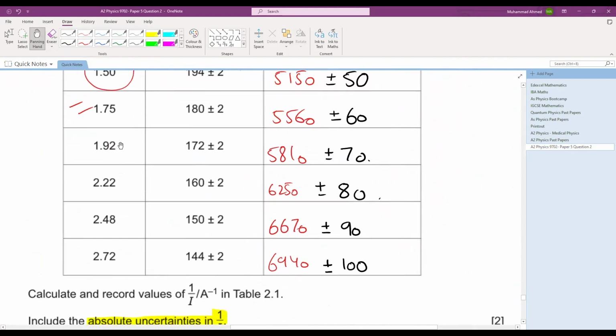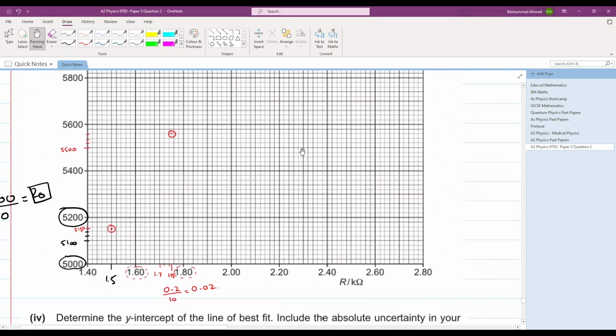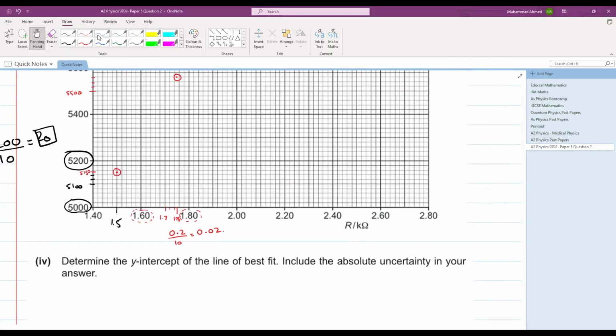On the x-axis, you have 1.92. On the y-axis, you have 5810. Perfect. So first of all, let's locate 1.92 on the x-axis. This is 1.92. Perfect. Let's erase all the extra things from here, so that we know what we have plotted.